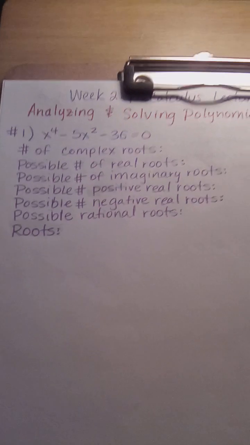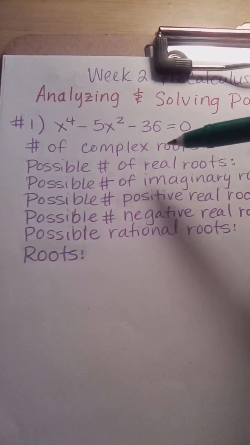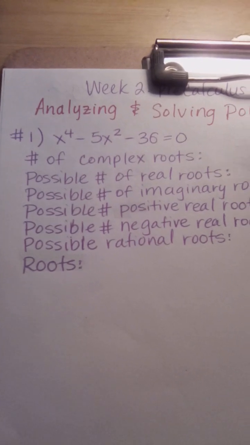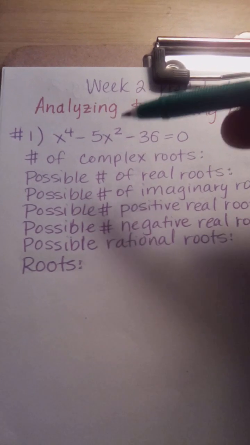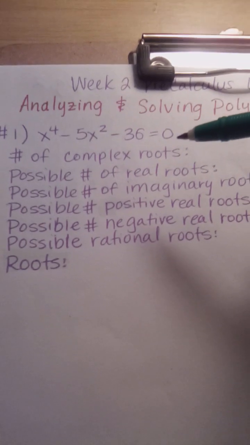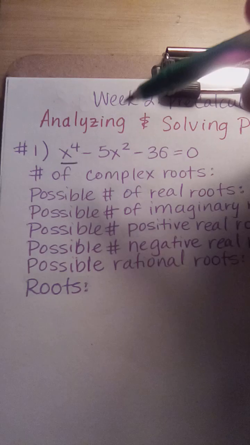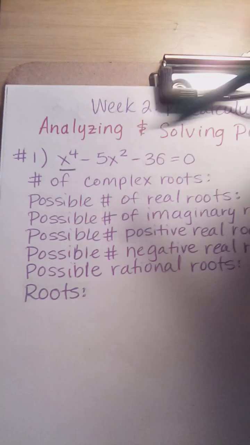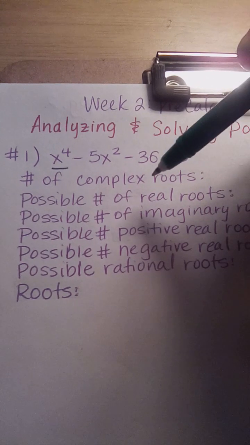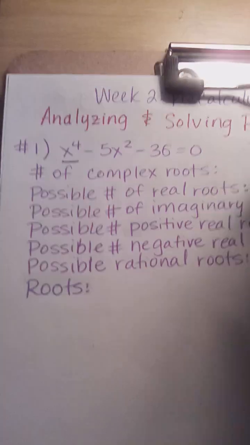All right. Let's do the first one. Number of complex roots. The way I remember it is by looking at the first term, which is x to the 4th power. Remember, for the number of complex roots, look at the first term.